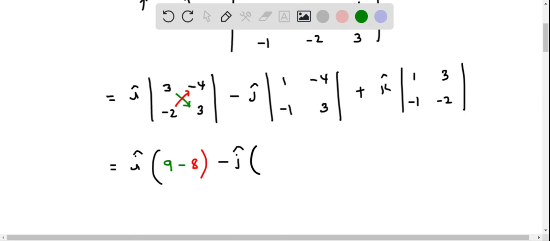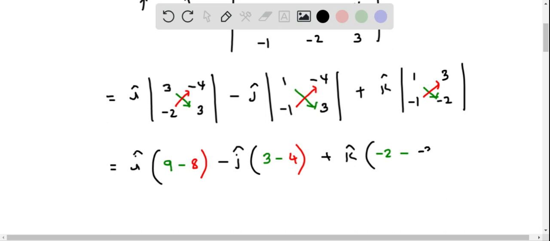And here we have the product of the diagonal, which is 3. We then put minus the product of the other diagonal, which is positive 4. Then we put k vector times the product of the diagonal, which is negative 2, minus the product of the other diagonal, which is negative 3.